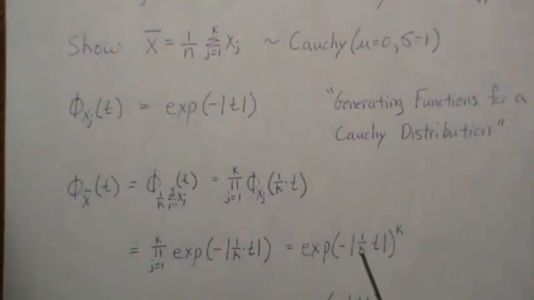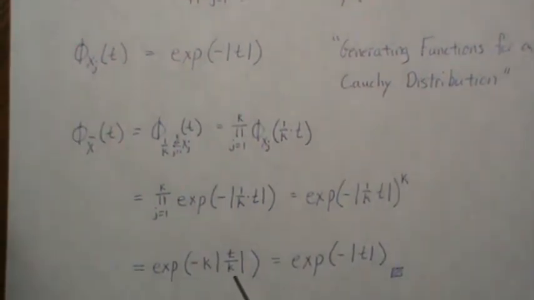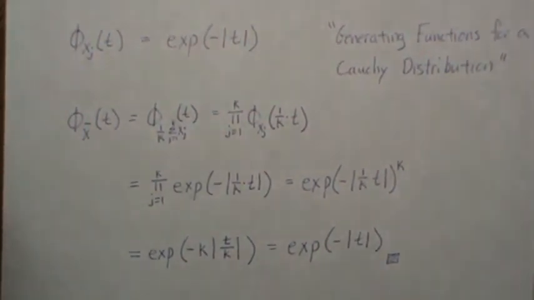But remember, this is e to a power, so we can just take it in. And k is a positive number, so it can actually come out of the absolute value. k over k is 1, so we get this back. And so the mean of Cauchy random variables is again Cauchy.